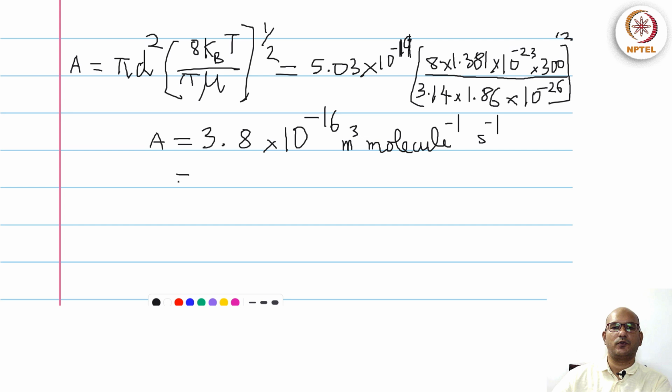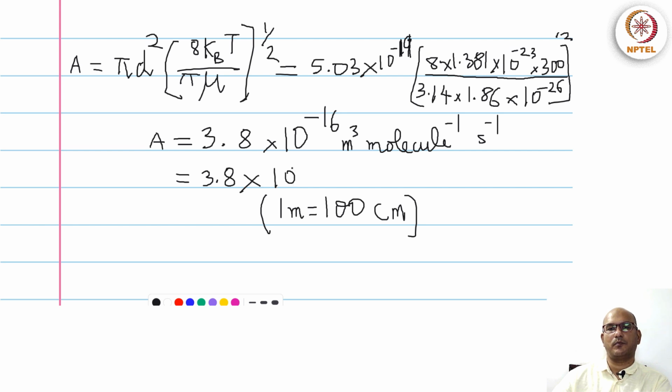And because the measured rate coefficient is in centimeter cube, we should use 1 meter equal to 100 centimeter. So A will be equal to now 3.8 into 10 to the power minus 10 centimeter cube molecule to the power minus 1 seconds to the power minus 1.